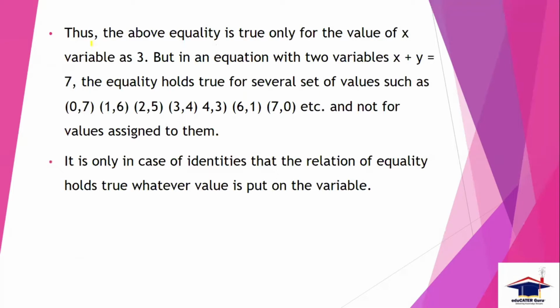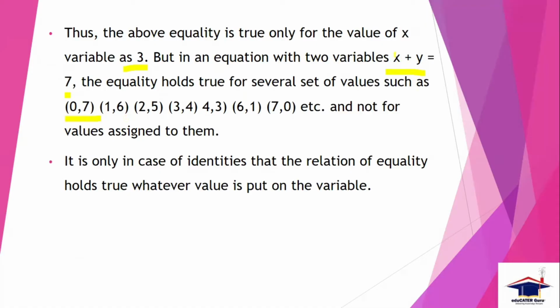So, that is explained here. Thus, the above equality is true only for the value of x variable as 3. But in the equation with two variables x and y, so, in the last slide, we saw the variable of only x. So, in the case of two variables, that is x plus y equals 7, the equality holds true for several sets of values such as 0, 7.